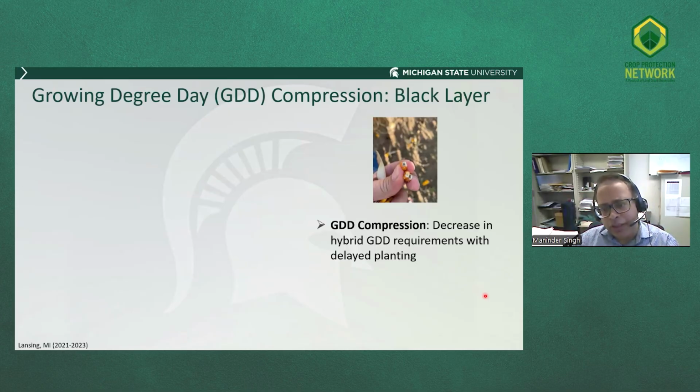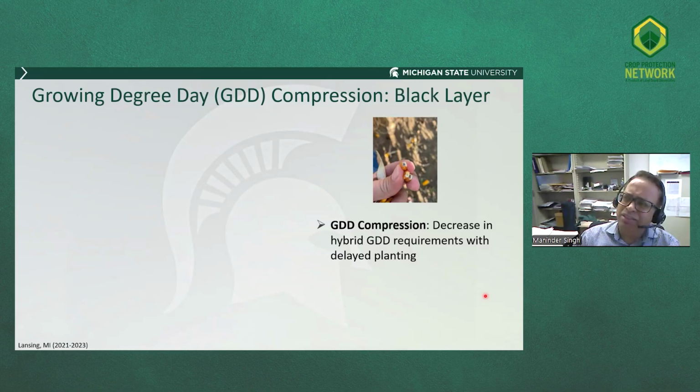But what we are finding is this phenomenon, GDD compression, which pretty much means that the corn hybrid speeds up, so to speak, to maturity with the delay in planting. That's a phenomenon that a few researchers studied back in the 90s. Bob Nielsen at Purdue, I think, did some work on this. So we wanted to make sure that it's still true for the current genetics.